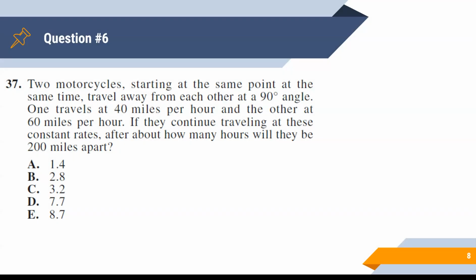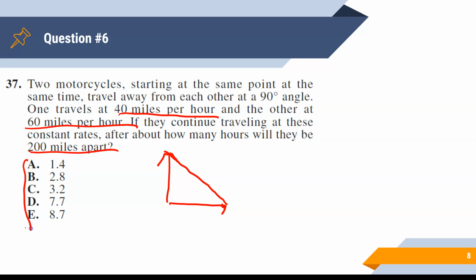Okay, question number 6. The way to work this out is we're going to do a little guessing and checking here. We know which way this motorcycle is moving, and one is 40 miles an hour, the other is 60 miles an hour. How many hours would it take for it to be 200 miles apart? I look at some answers here.